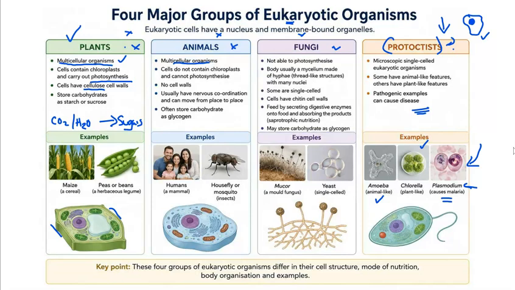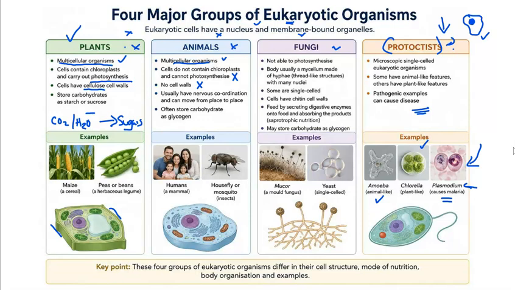So plants are eukaryotic, multicellular, photosynthesizing, with cell walls and able to carry out processes which manufacture sugars. Now contrast them with animals, multicellular organisms, which again are eukaryotic, but this time there is no photosynthesis and there are no cell walls.